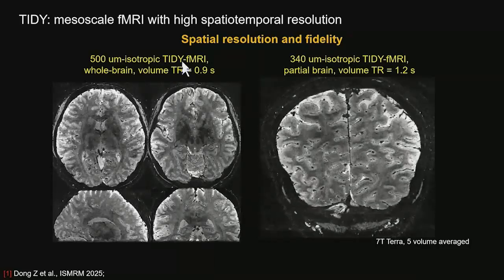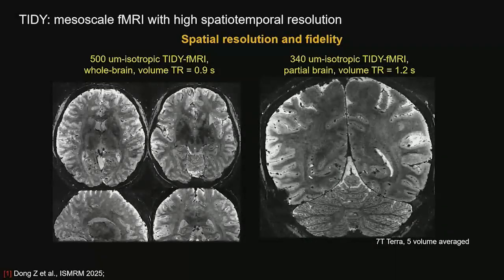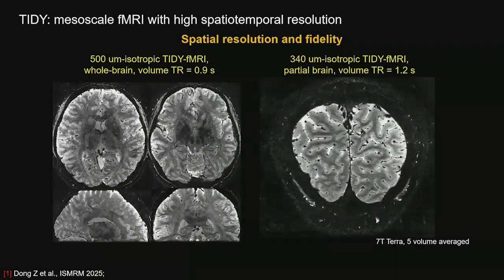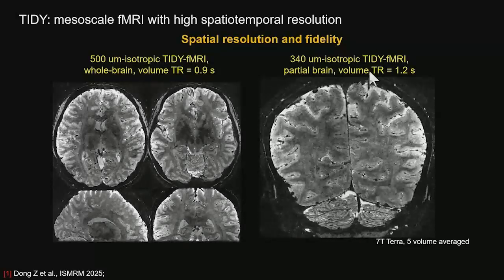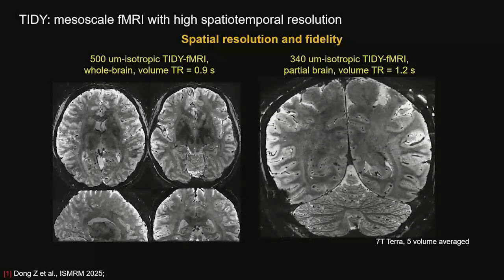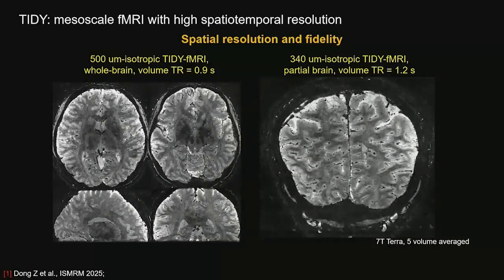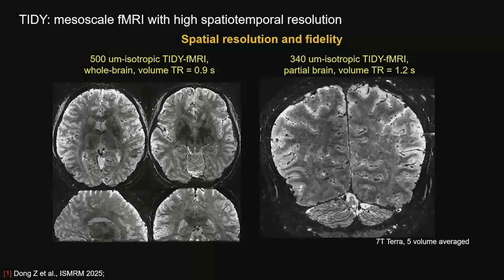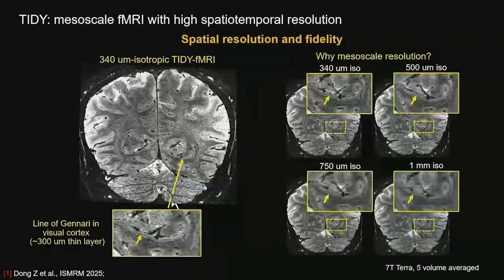These are 500 micron isotropic images with a very short volume TR, and we also push further to 340 micron isotropic with partial brain coverage and a volume TR of 1.2. You can appreciate the spatial details present in this data. At this resolution, we're beginning to see detailed structures like the lateral geniculate nucleus, as shown here.